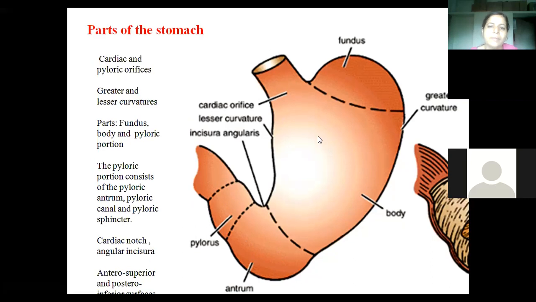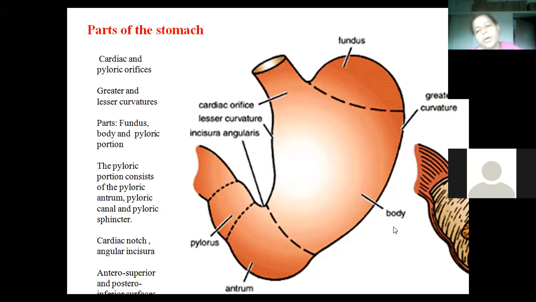Then the other presenting parts are the lesser curvature and the greater curvature of the stomach. If you draw one line from the cardiac end of the stomach, that is in continuation with the esophagus, touching it to the greater curvature, whatever area is above is called the fundus, and below that you have the body.